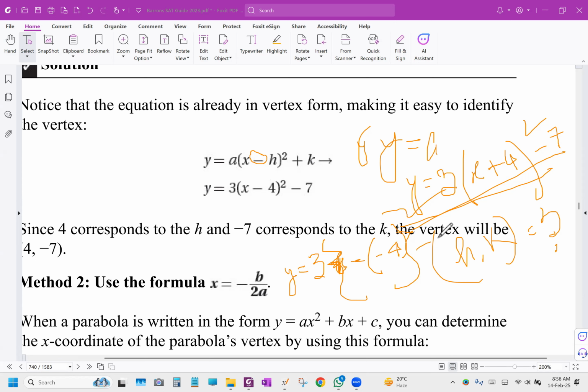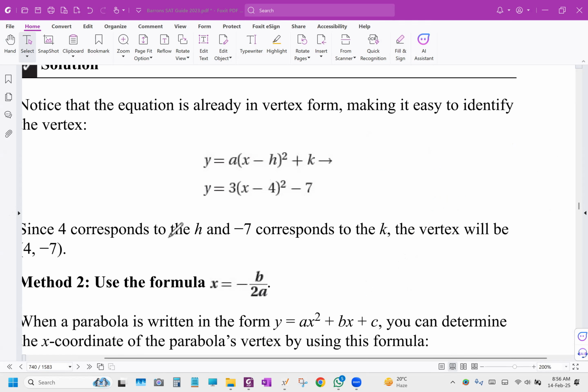Do you get it? Yeah, because this negative sign and this negative sign will give you a positive sign. It cancels. So this -4 has the value of 4. Am I correct or am I wrong? Yeah, correct. So you got it right.